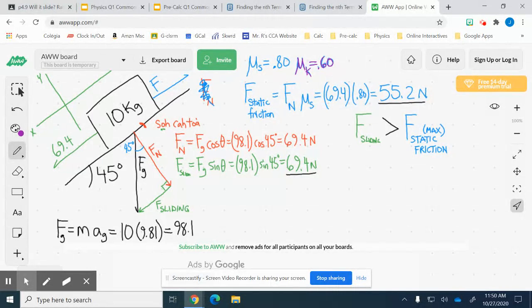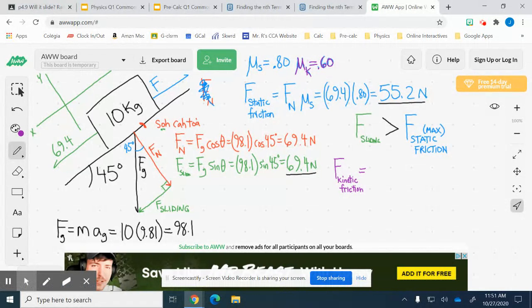So now, how do we figure out the force of kinetic, meaning moving, kinetic friction? Well, just like the force of static friction, we're going to take that normal force, how hard the block and the surface of the ramp are pressing together. That's the normal force. And we're going to multiply it by the coefficient, only this time it's going to be the coefficient of kinetic friction.